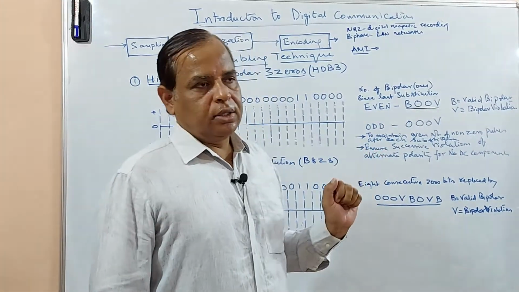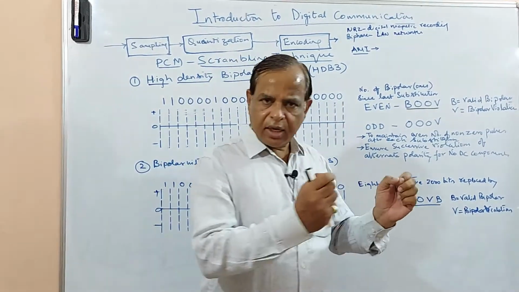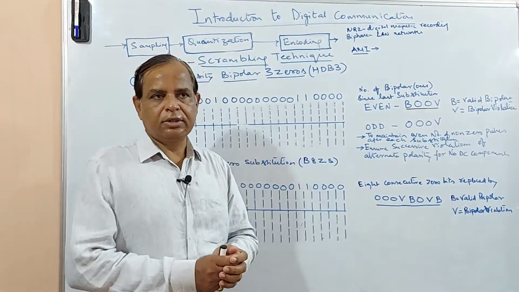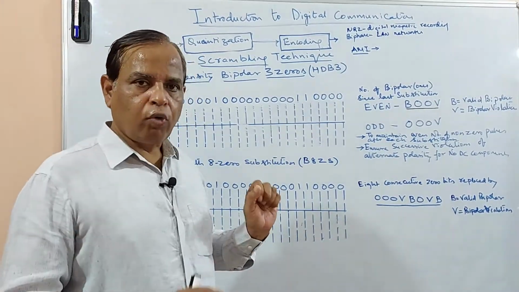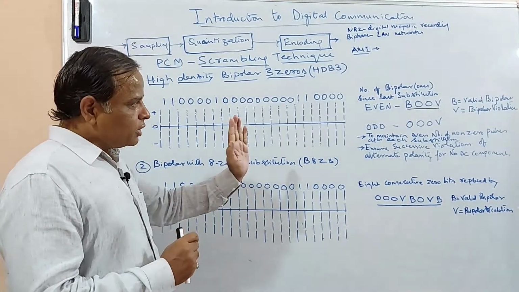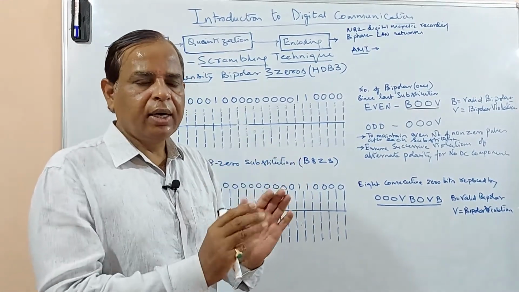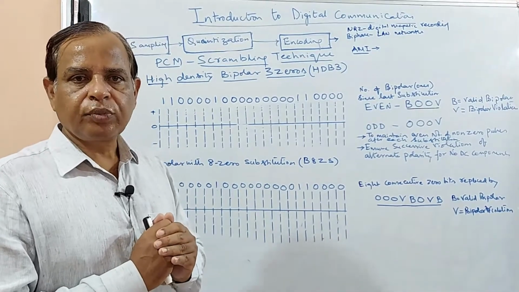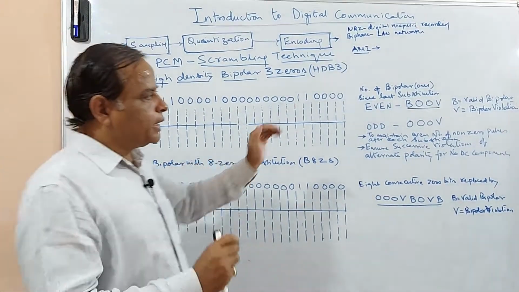So you see why these 2 schemes have been very carefully designed. After every replacement, if you count the number of pulses you have made, that will be an even number. So that has been taken care of.